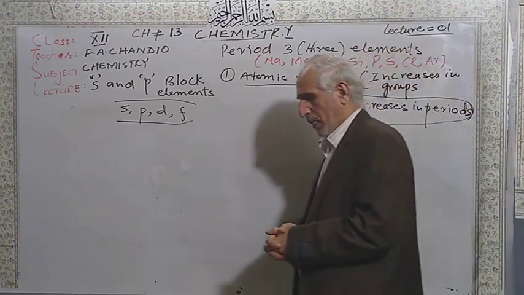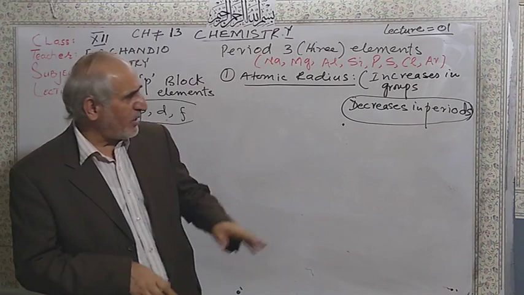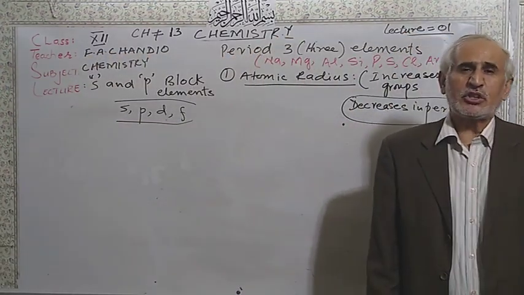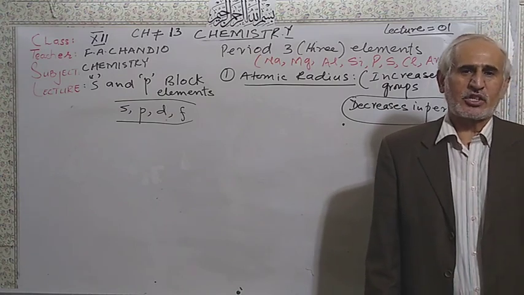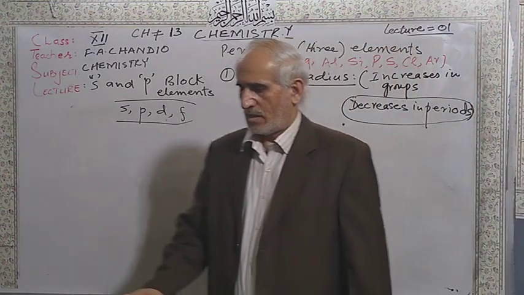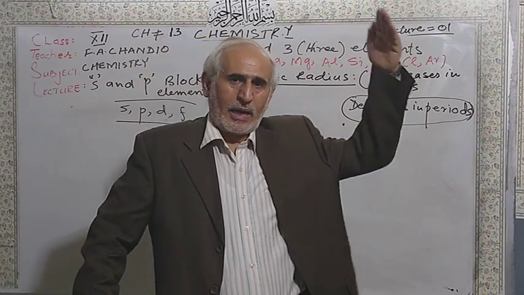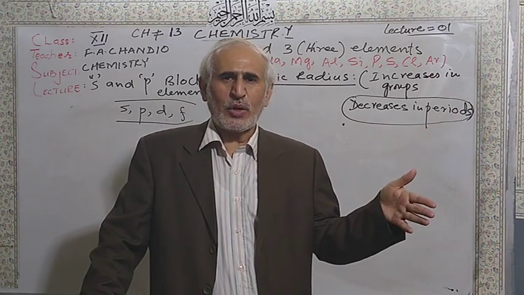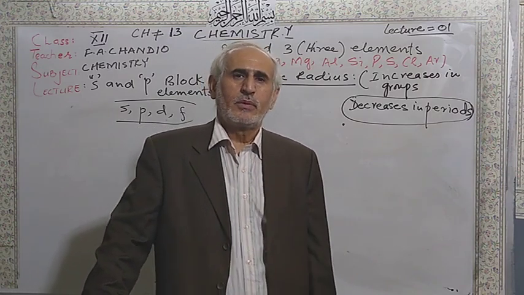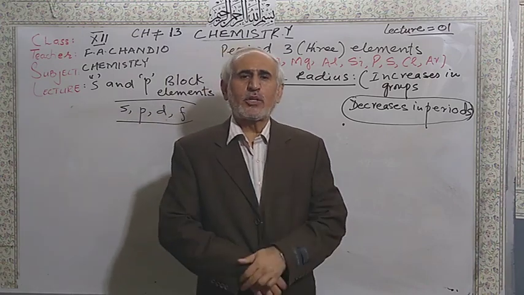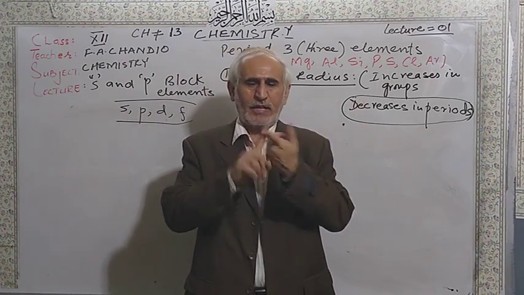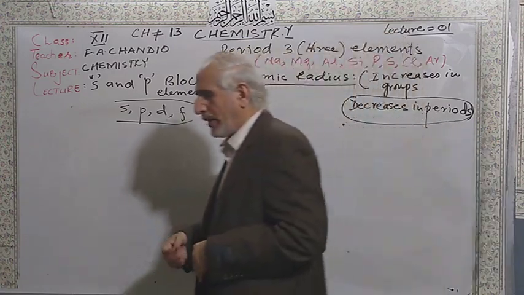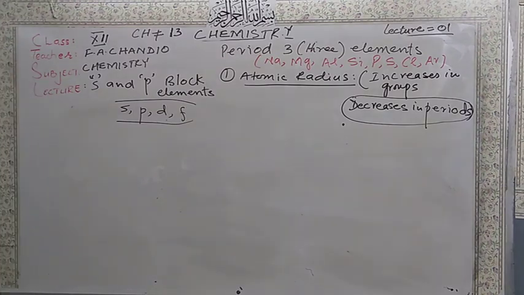Reason why? Why does atomic radius increase in the groups? There is one thing, the shielding effect, also called the screening effect. As you go down the group, the number of shells increases. In group number 1 there is 1 shell only, in group number 2 there are 2 shells.